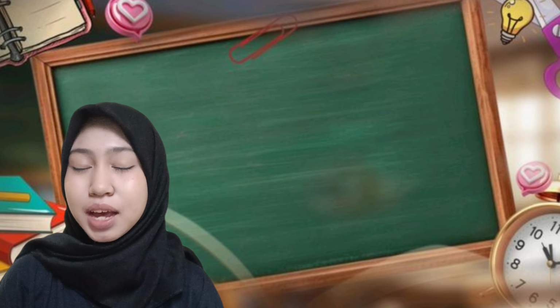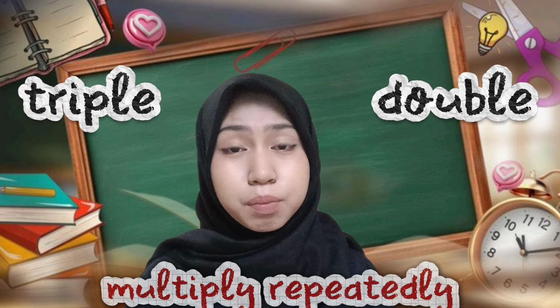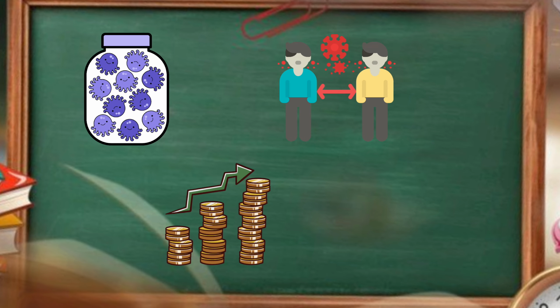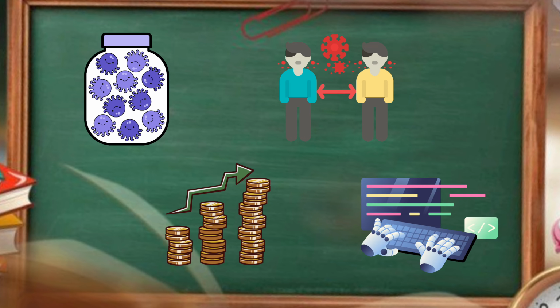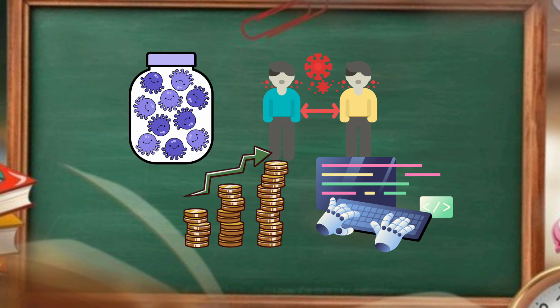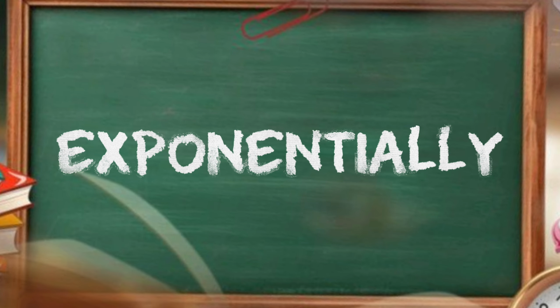Before we begin, let me ask you something simple. Have you ever noticed how fast things grow when they double, triple, or multiply repeatedly? For example, the number of bacteria in a bottle, the way viruses spread, how money grows with interest, how technology speed increases every year. These all grow exponentially.